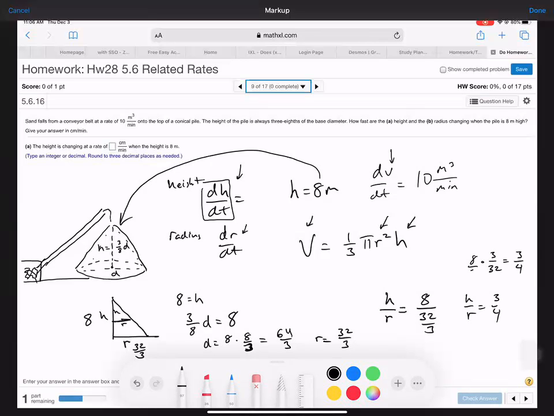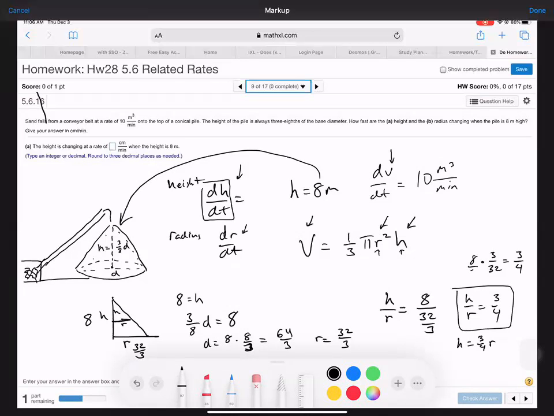Here is our magic ratio. Why did I call this a magic ratio? Because if I don't want to take a derivative with r and h, for all cone problems, we substitute h equals 3 over 4 r.